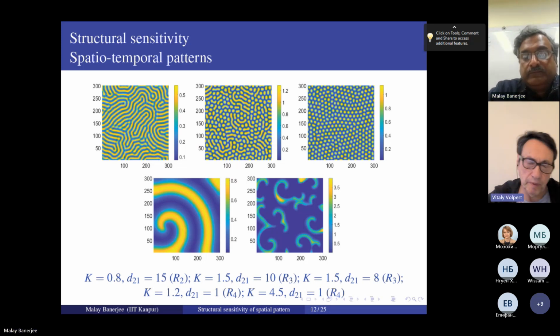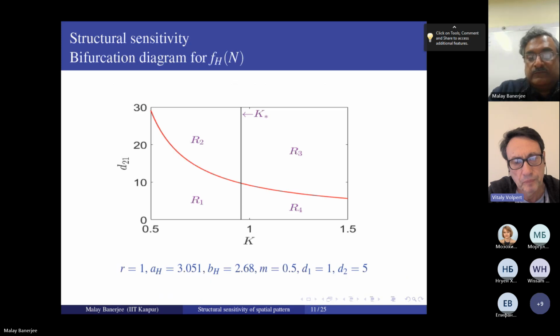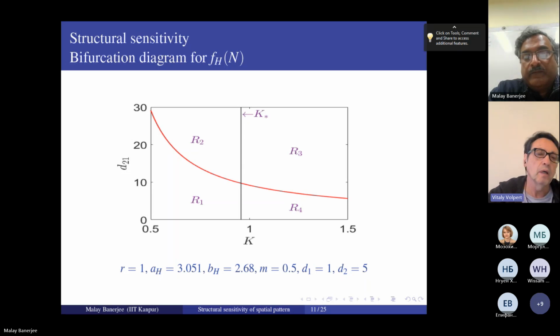Right. But let me ask an additional question to make sure that I understand correctly. Please return again to this previous slide. So there is this vertical line, it's the Hopf stability boundary. So if you are very close to this stability boundary from the right, will you obtain these small spirals with small amplitude?